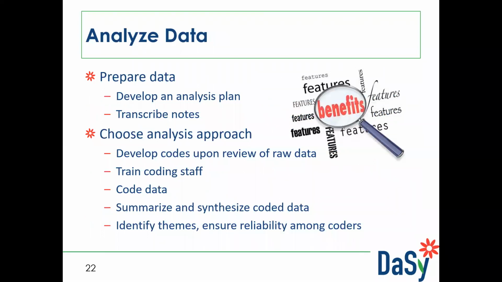You can use particular software packages to upload your data and transcribe into software packages. But essentially, you need a clean set of transcribed notes and particularly some data collector notes as well, and prepare your data in a very systematic way so that when it's time to analyze the data, there's minimal cleaning and adjusting.